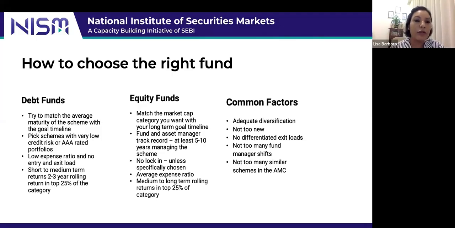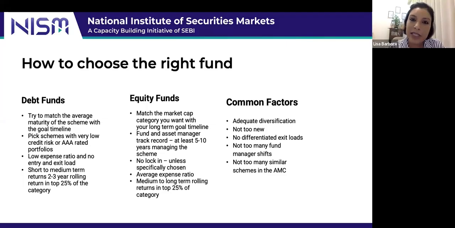In debt funds, you have to be additionally careful about matching the average maturity of the scheme with your goal timeline. As we saw, very short term goals need liquid funds where the average maturities are very low. And as you keep moving up, you can choose funds with slightly higher goal timelines. In debt funds, the idea is capital safety unless you're going for credit risk where you are clearly going for risk.